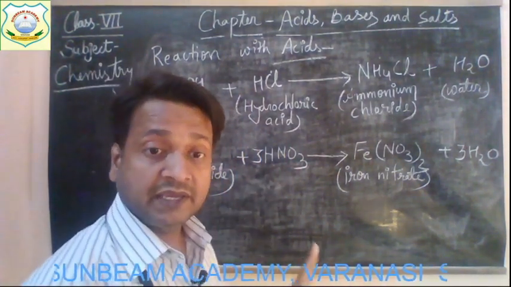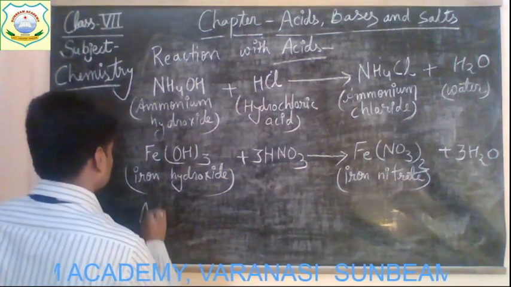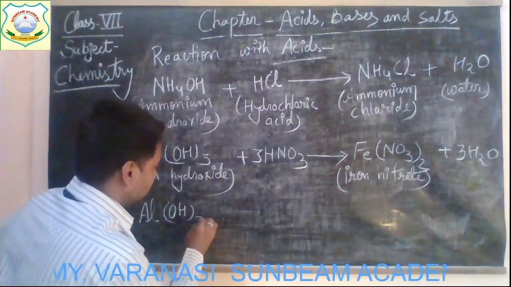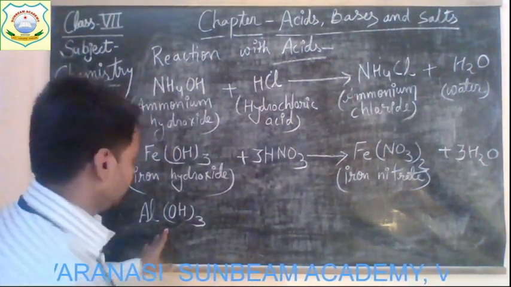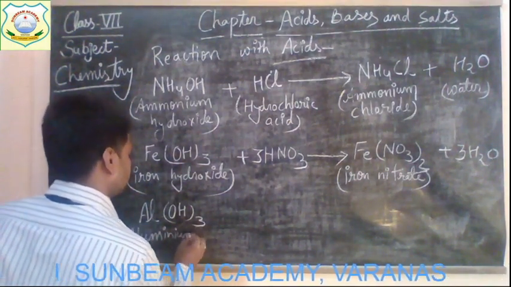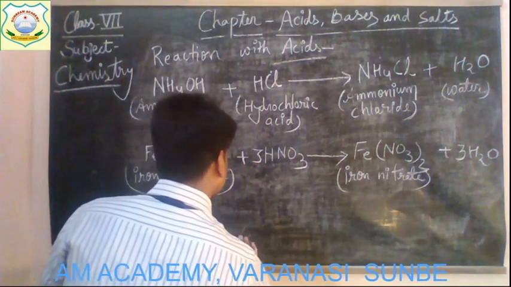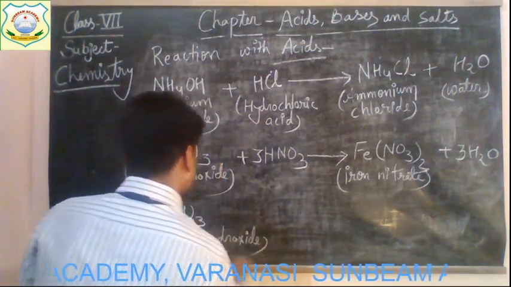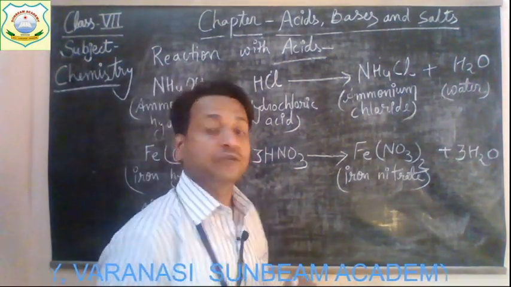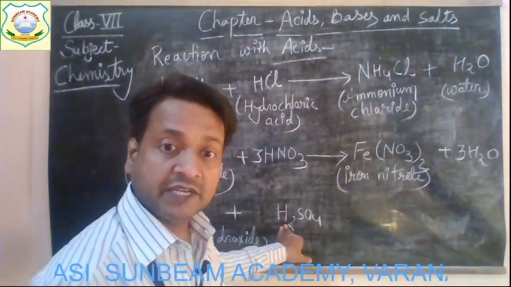Now the third example is when aluminium hydroxide, the formula is Al(OH)3, this is aluminium hydroxide, reacts with sulfuric acid, and the formula of sulfuric acid is H2SO4.